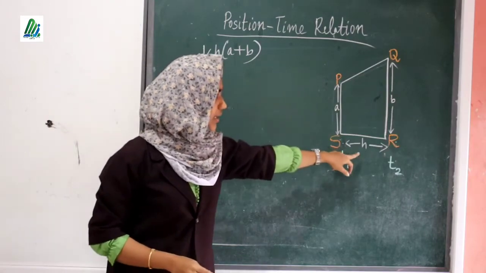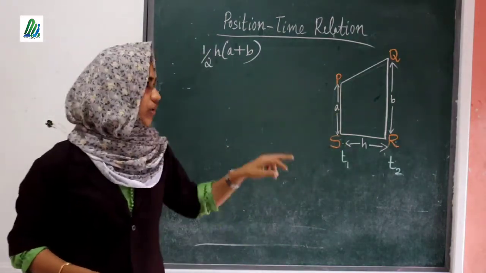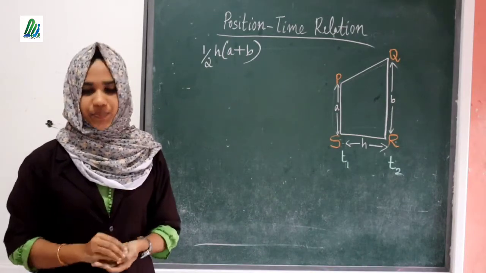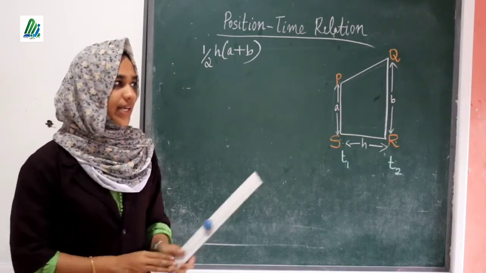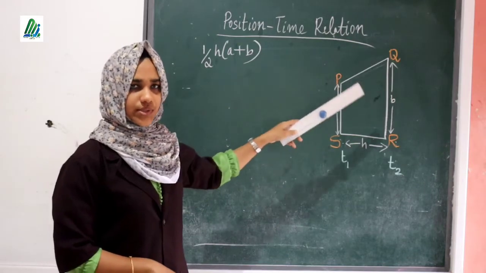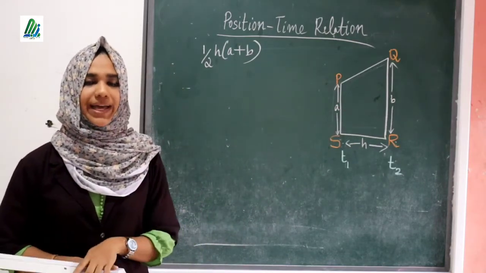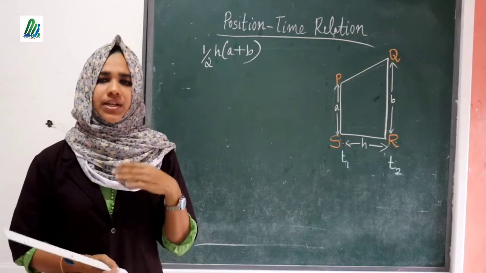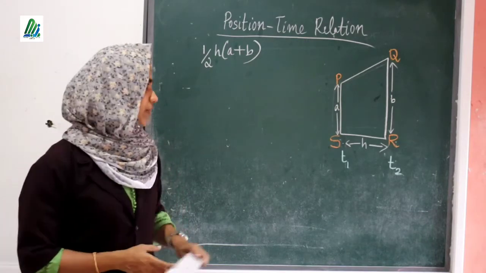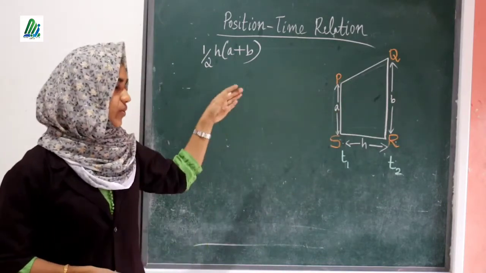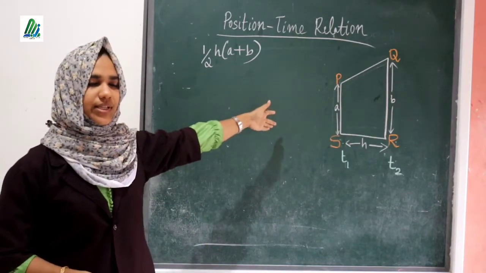Here A and B are the lengths of the parallel sides, and H is the distance between them. So you can easily understand by looking at this figure.